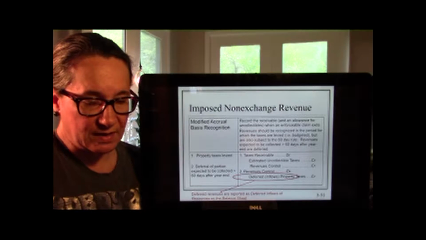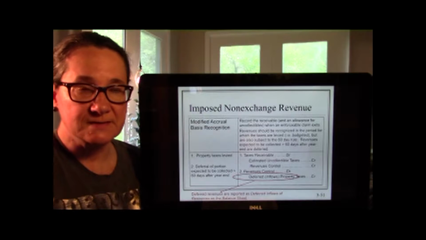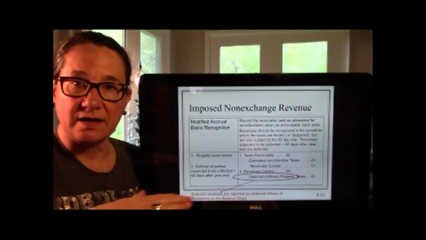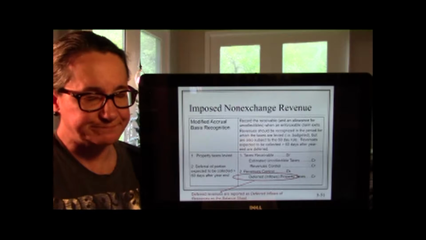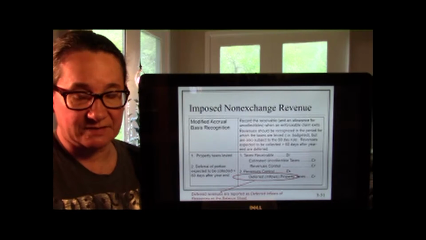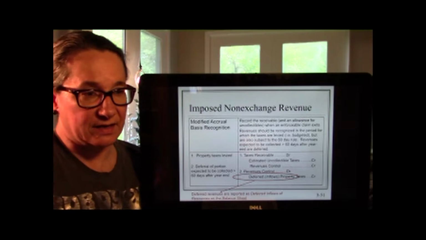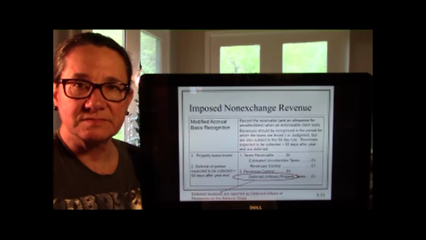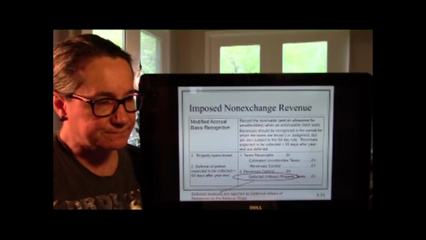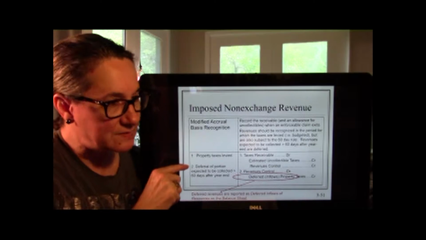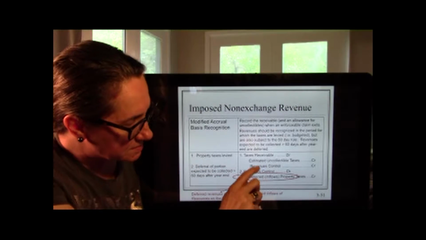Clayburgh County sends out property tax notices, and they say, okay, you guys are all going to pay this much. Now, they haven't collected any of it yet, but they think they're going to get, I don't know, let's say $50 million. Okay, so when they levy the taxes, we do this, right?